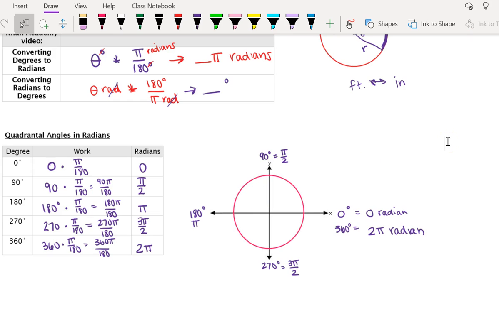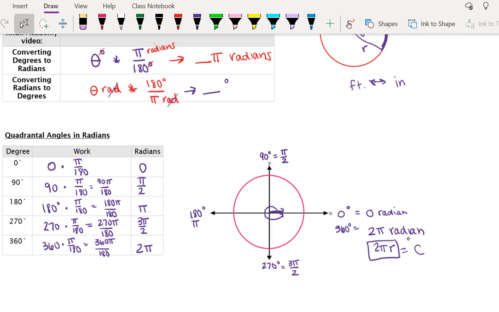That's pretty close. Okay, so if I took an initial ray and I went one full rotation, that's a 360 rotation, or 2 pi radians. Well, notice that's 2 pi radians, and a radian is just a radius.